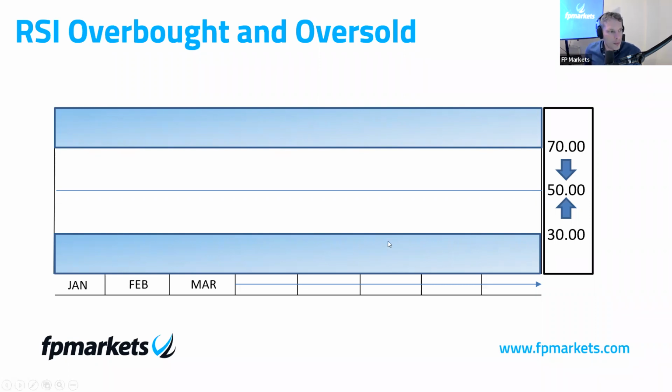And conversely, movement beneath the 30 threshold draws the indicator into an oversold condition. Look, Wilder in his book actually refers to overbought and oversold as just tops and bottoms. So he referred to the overbought as a top and the oversold as a bottom.